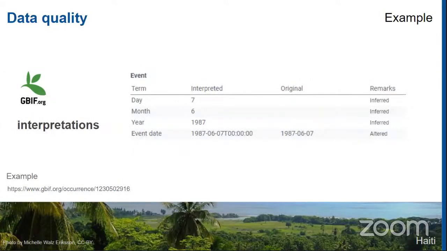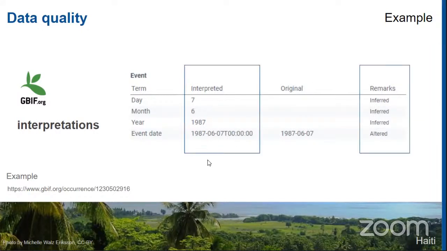To give you another example from that same record, we have here the date information. We see in the original the value that was provided. And we see here all the interpreted values that GBIF gives. For example, for the event date down here, GBIF tells us that they have modified it.